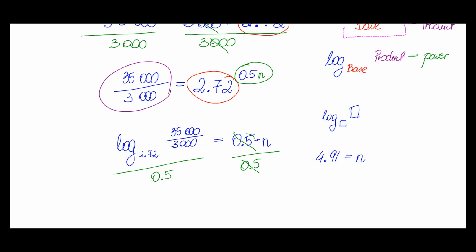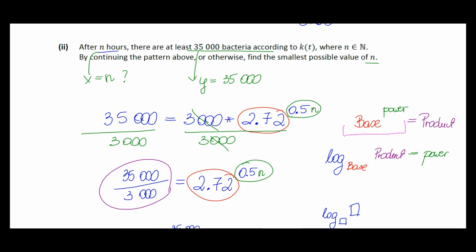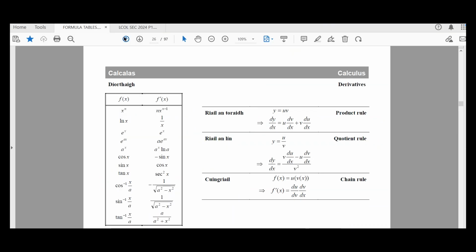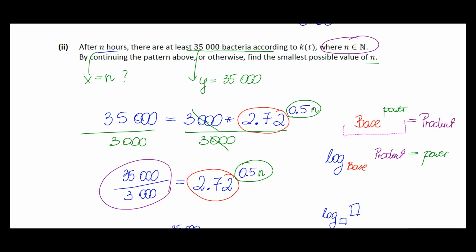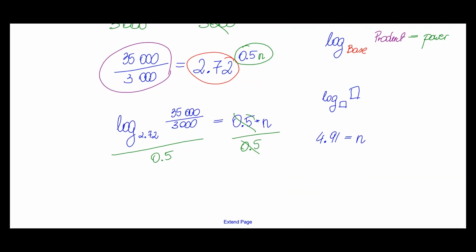Now, let's look at the terms and conditions. They are telling us that n belongs to the natural numbers. What does that mean? If we are not sure, we go to page 23 and we check our set. So natural numbers, they are whole positive values. So the value of n I'm looking for cannot be a decimal, cannot be a fraction.